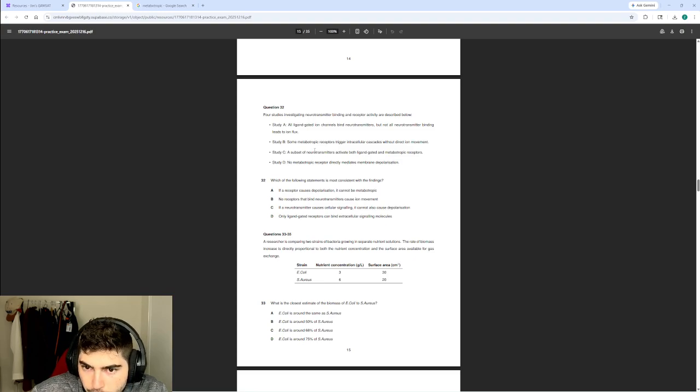So that's basically saying that ligand-gated ion channels function to bind a neurotransmitter. That binding could sometimes lead to an ion flux, but it doesn't always happen. That's my understanding.